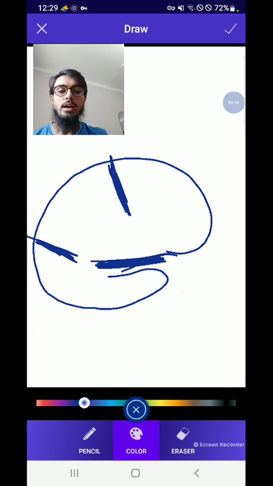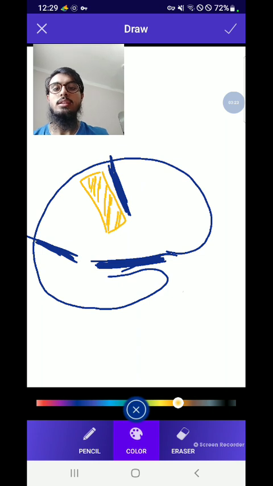The first area I am going to draw is this area, which is present posterior to the central sulcus. What is the name of this highlighted area? This is the primary somatosensory cortex, which receives the conscious awareness of somatic sensation all over the body.